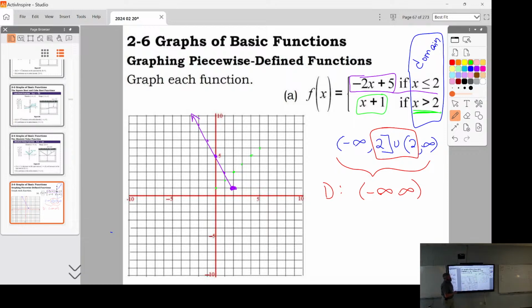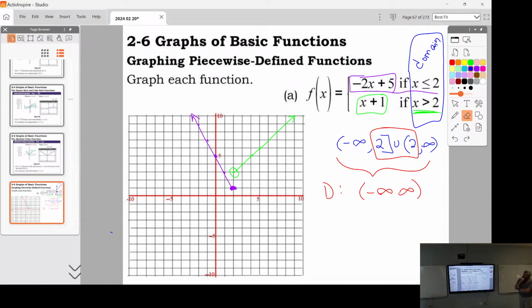Open or closed circle? I will go to x value of 2 up to my line, open circle. And this line exists to the right. So from there, I'll draw my line to the right. And since I do have a couple dots because I needed them to figure out where this line was starting, I'll come over here and erase them. Okay.